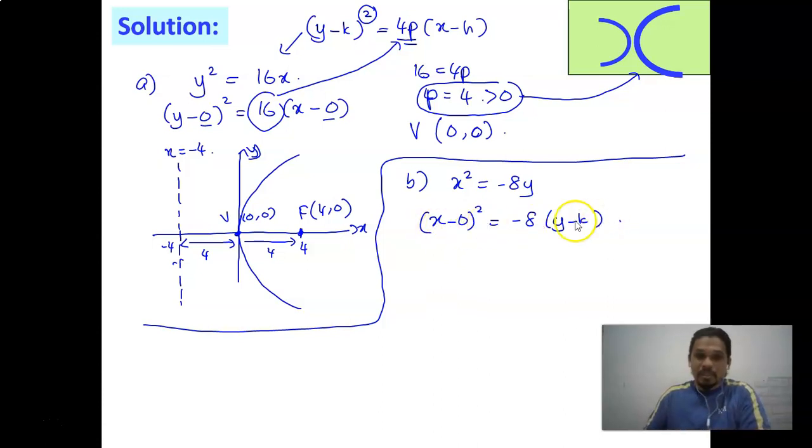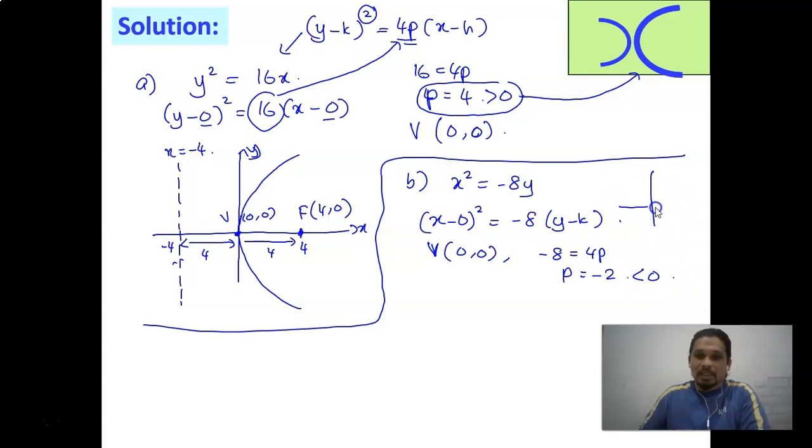From this equation, h and k of the vertex are 0 and 0. Negative 8 equal to 4p, then p equals negative 8 divided by 4, equal to negative 2, which is less than 0.